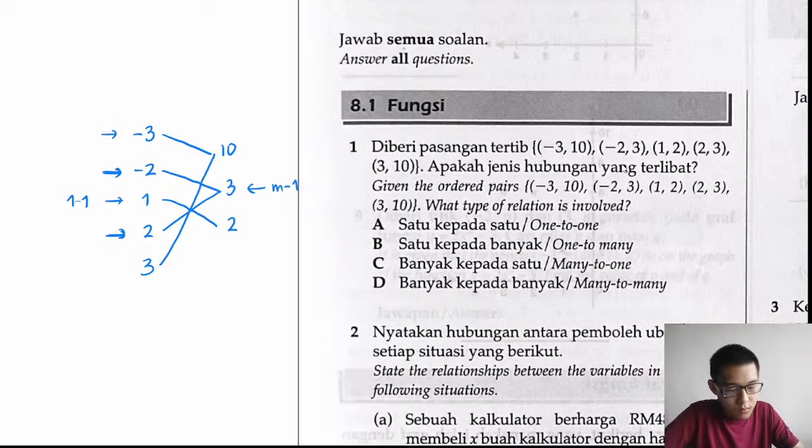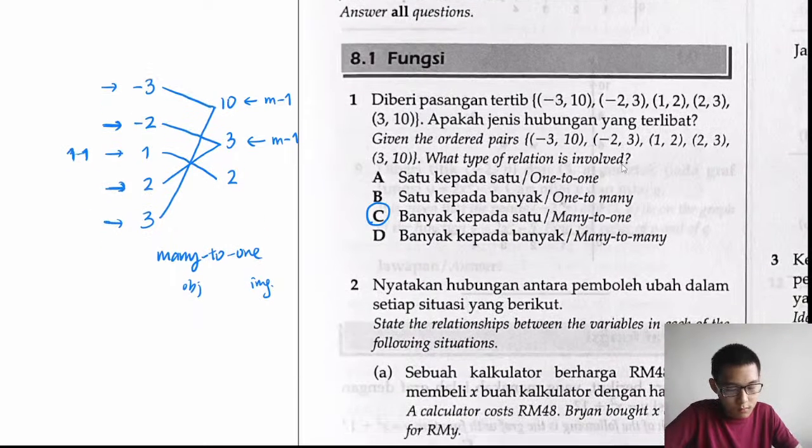This one also, -3 and 3, it's many to 1. Because we have many objects going to one image, it is a many to 1 relation.